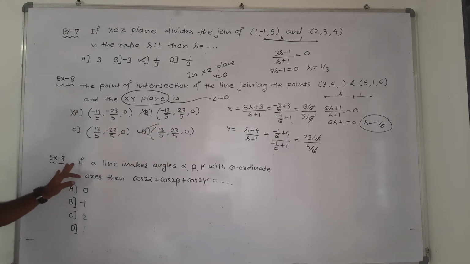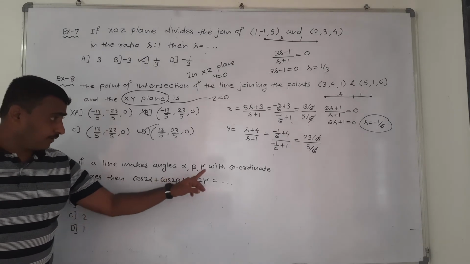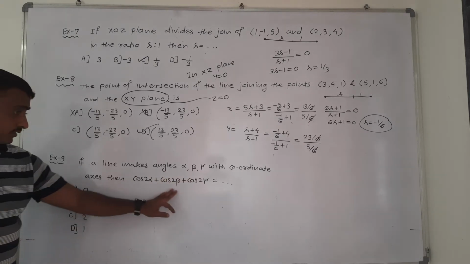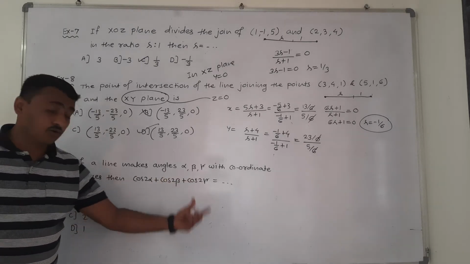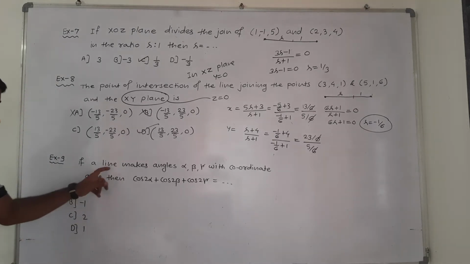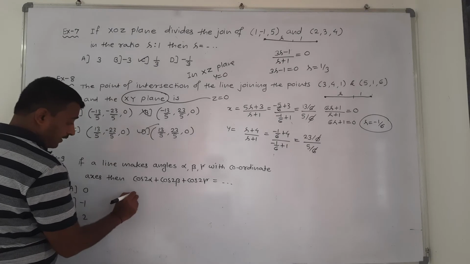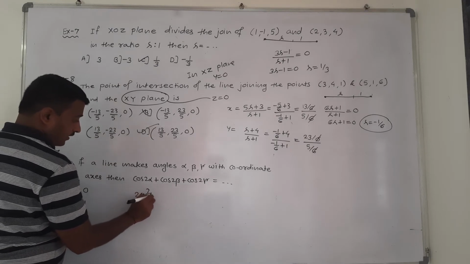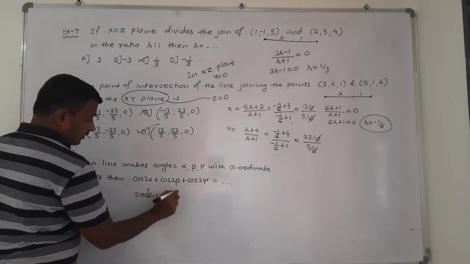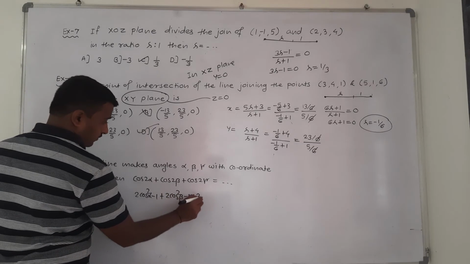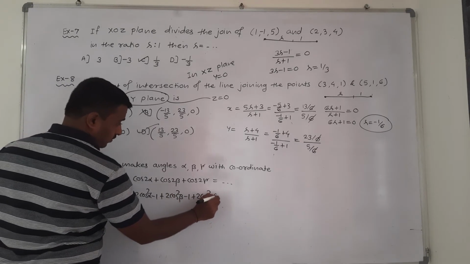Next, example number 9. If a line makes angles alpha, beta, gamma with the coordinate axes, then the value of cos 2 alpha plus cos 2 beta plus cos 2 gamma is equal to dash dash. These are the direction angles. Therefore, cos 2 alpha I write 2 cos square alpha minus 1, plus 2 cos square beta minus 1, plus 2 cos square gamma minus 1.